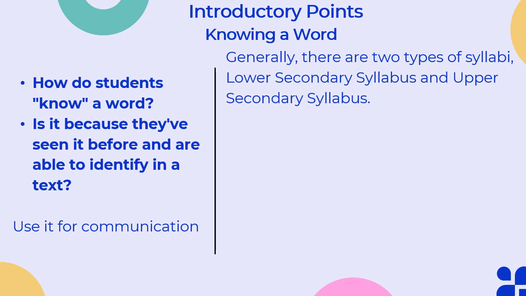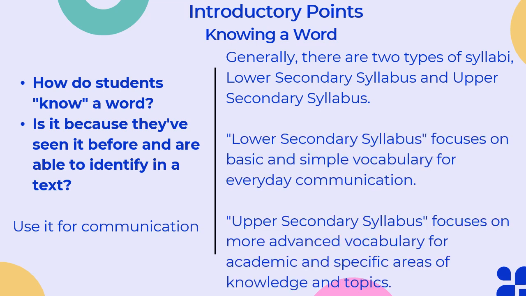And then we have the upper secondary syllabus, which is a syllabus designed to equip students with more advanced and academic vocabulary that are useful not just for everyday communication, but also for comprehending various academic topics or texts students may come across.